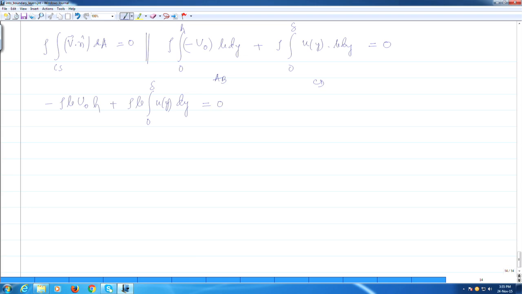So, rho and b cancel out. Therefore, what we get here is h u naught is equal to the integral 0 to delta of uy dy.